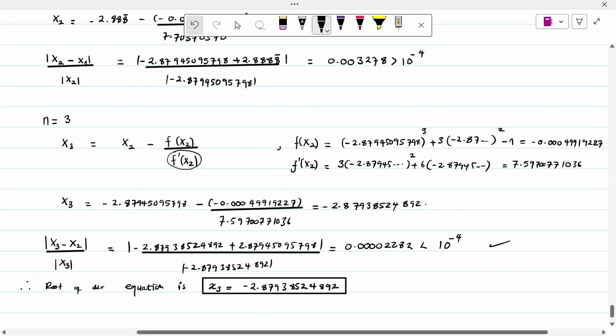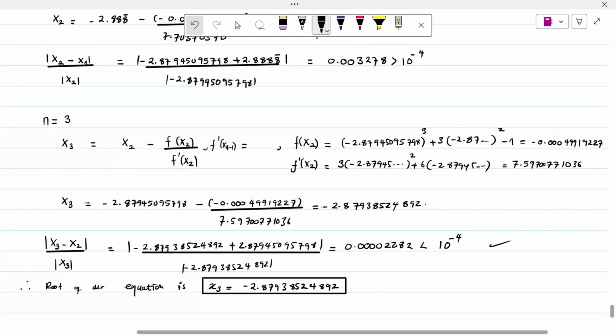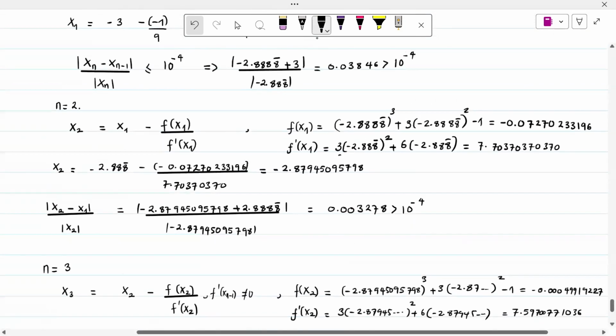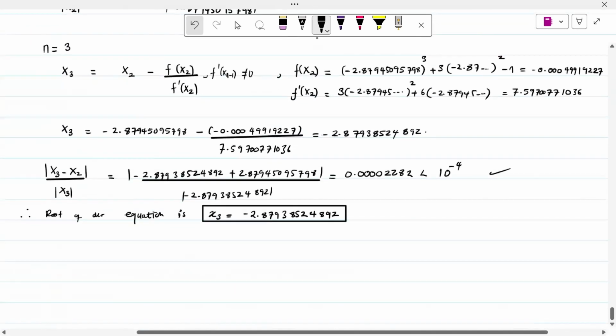Because you have a fraction which is over 0, a number over 0, and that is not allowed in math. So the condition is that f prime of xn minus 1 must never be equal to 0. That's one condition that you have. All right, okay.